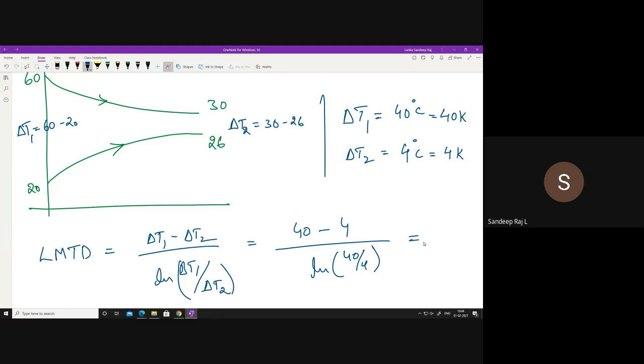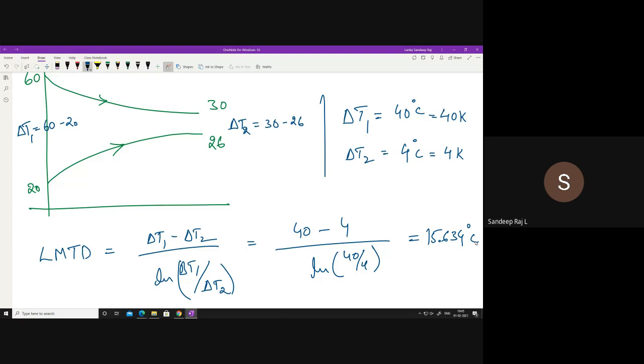So tell me what is this value of LMTD quickly. 15.634. What is the unit of LMTD? You can take degree centigrade or Kelvin also.